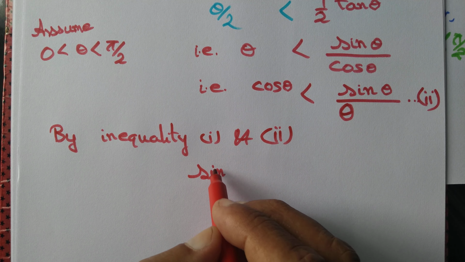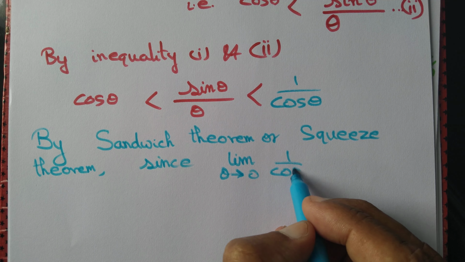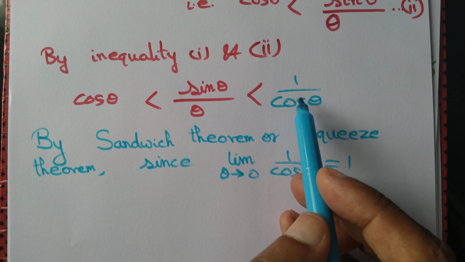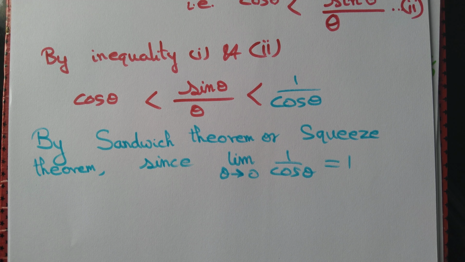since limit theta tends to 0, 1 by cos theta equals 1. This quantity is approaching 1 as theta tends to 0. And how about cos theta? As theta tends to 0, cos theta approaches 1, limit theta tends to 0, cos theta is exactly equal to 1.